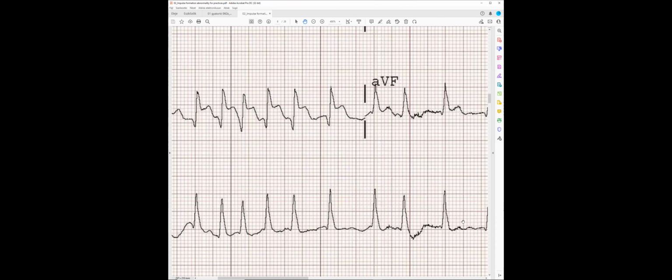If a P wave is placed exactly one big square apart, that means 300. If it's less than one big square, it means more than 300. That's it. So if you have P waves less than one square apart, you can say that it's atrial fibrillation.